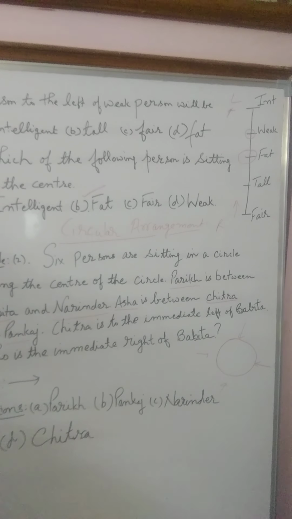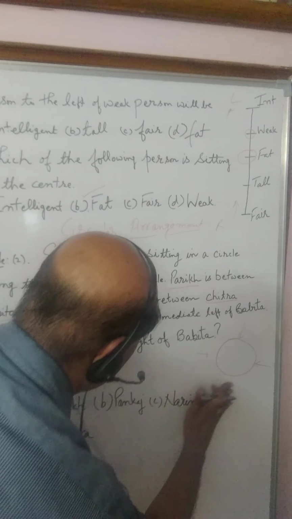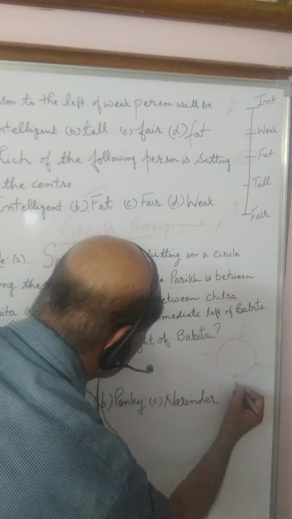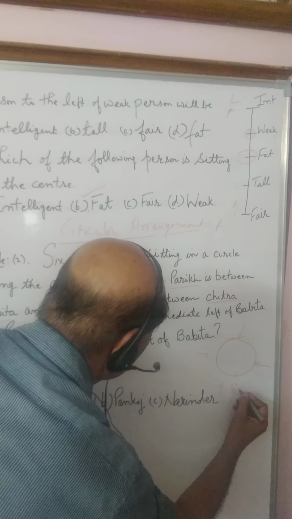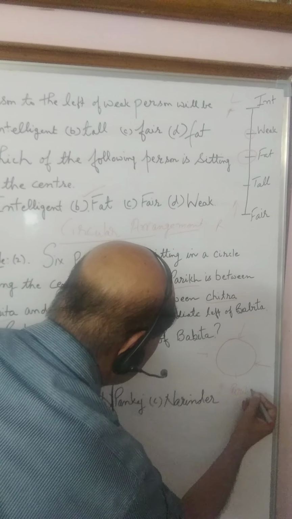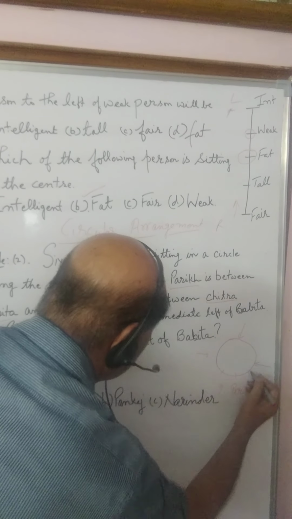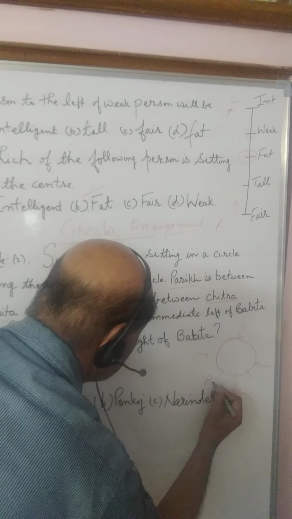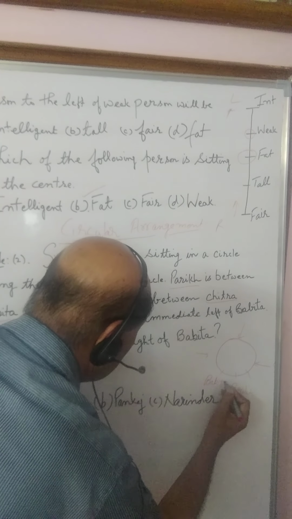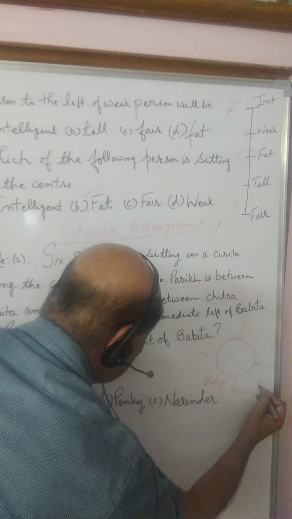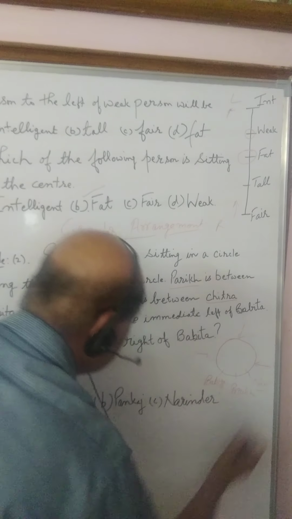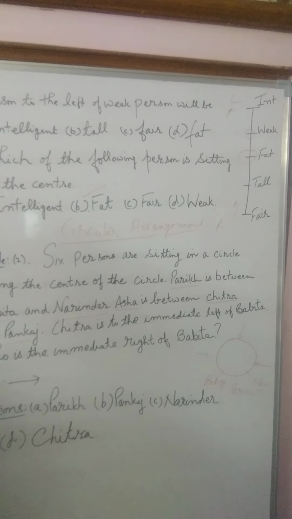The position of Parik is fixed. Wherever Babita and Narendra sit, Parik will be in between them. So if I take Parik here, then Babita and Narendra are his immediate neighbors.